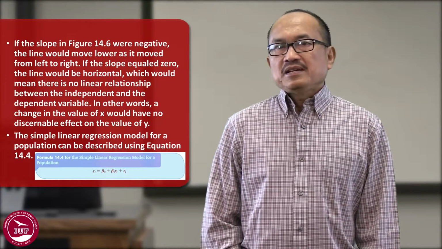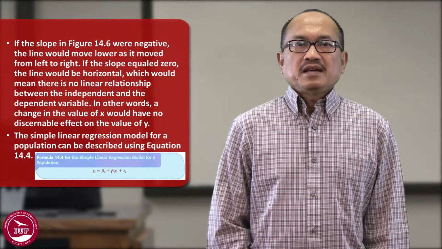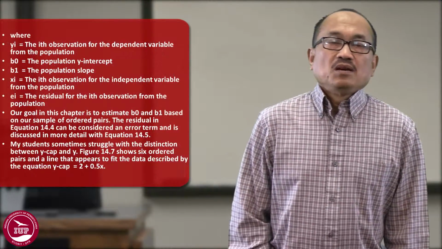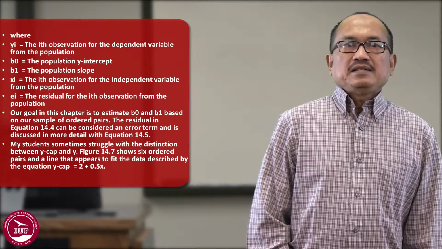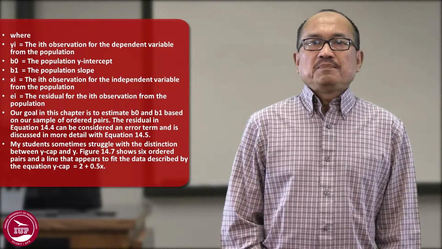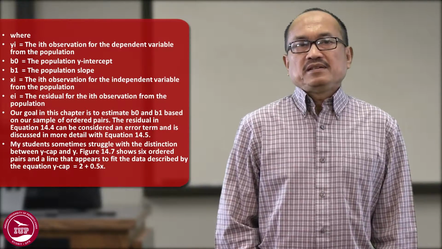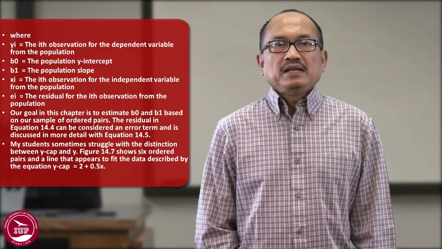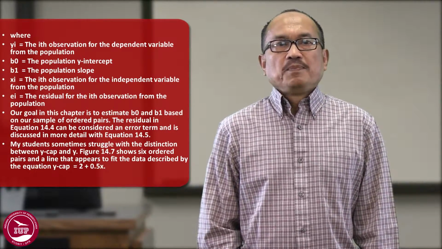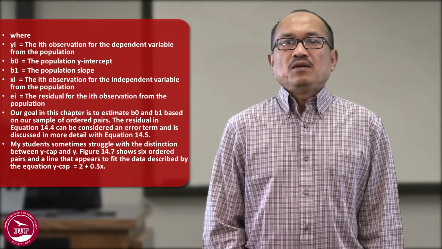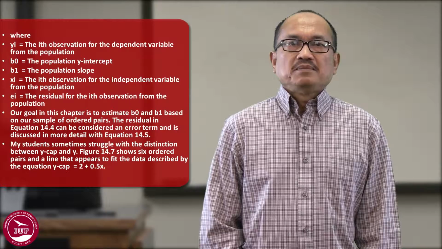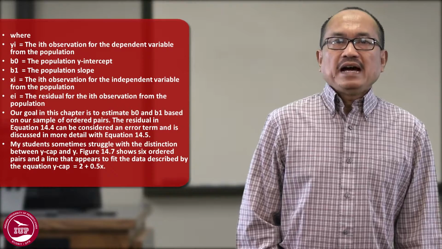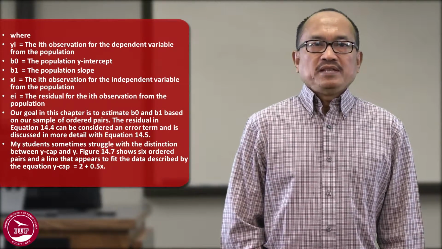The simple linear regression model for a population can be described using equation 14.4, where yi is the ith observation for the dependent variable from the population. β0 is the population y-intercept. β1 is the population slope. xi is the ith observation for the independent variable from the population. εi is the residual for the ith observation from the population.